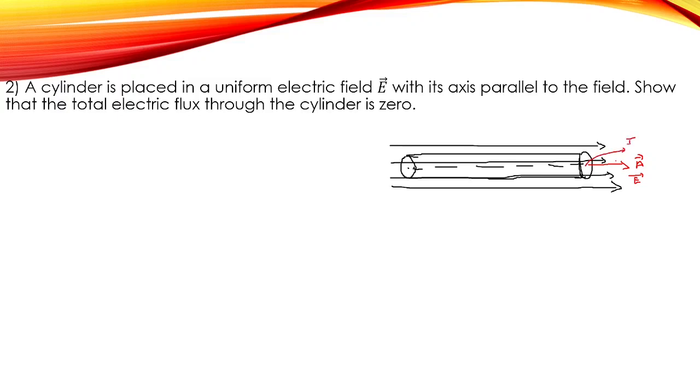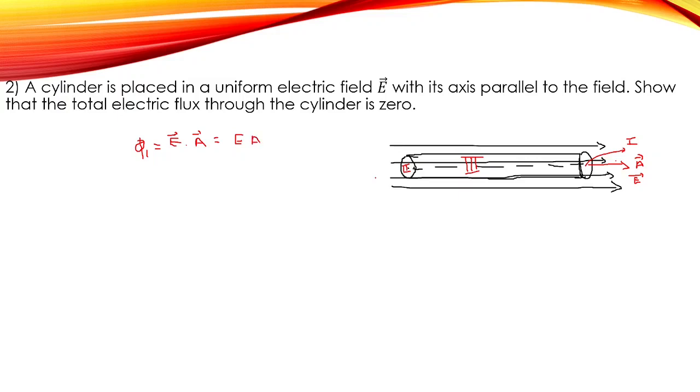And this circular surface is our second surface, and this body of the cylinder, from here to here and from here to here, is our third surface. So the electric flux due to our first surface is equal to E dot A, that is EA cos theta, and since the area vector and electric field are in the same direction, that is cos 0, so we can write this as EA.